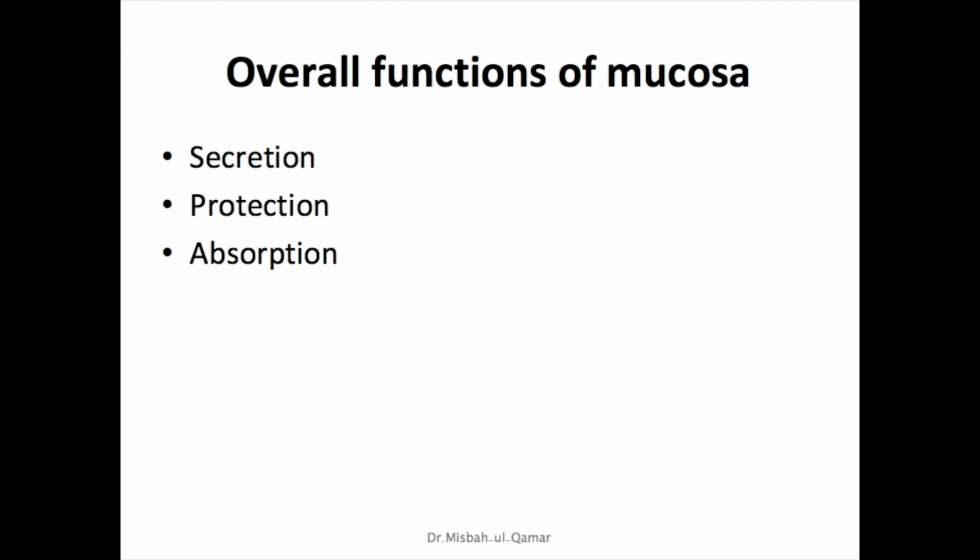If we want to have an overall look at mucosa's functions, we should say that it secretes mucus, digestive enzymes, and hormones. Then it absorbs digestive end products into the blood and also protects against infectious diseases.